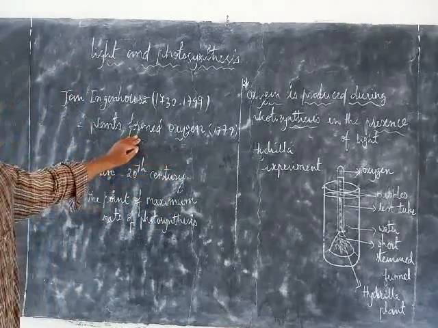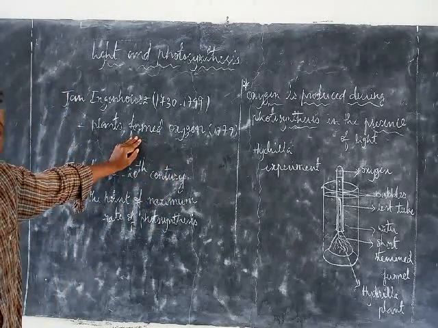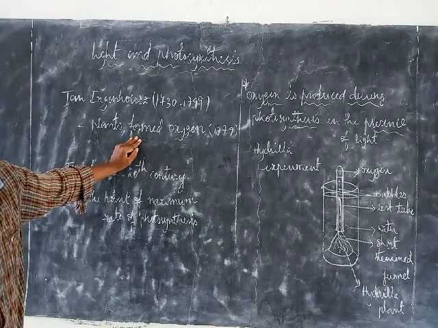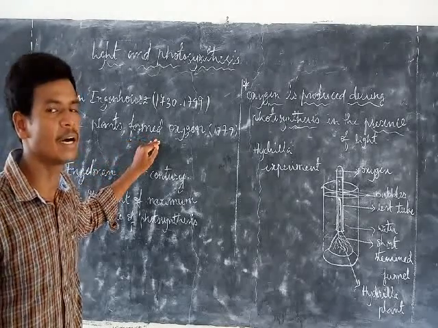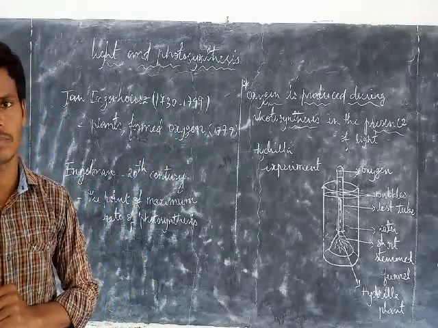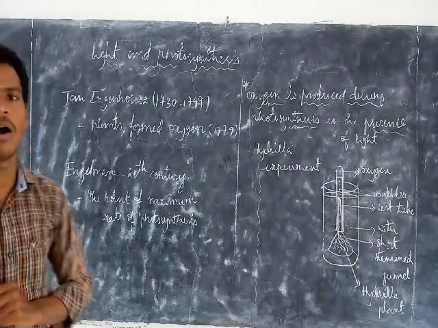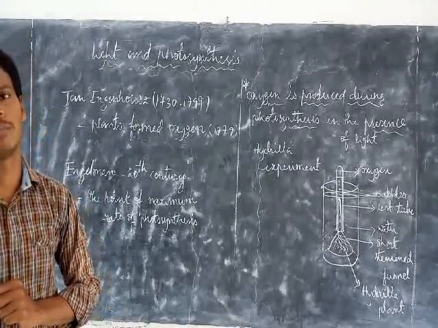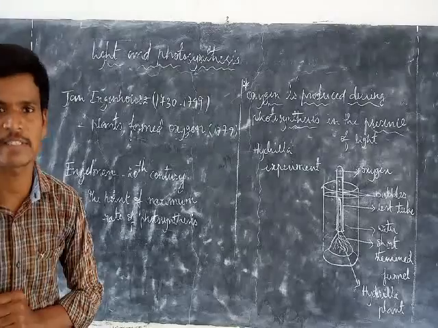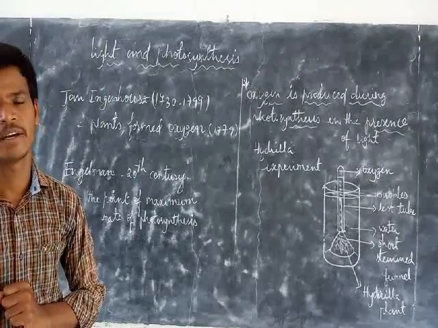He used an aquatic plant, hydrilla, in his experimentation. He noticed some bubbles formed during the process of photosynthesis in the presence of light.